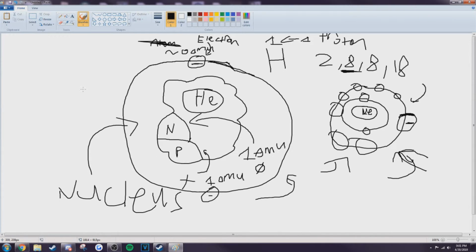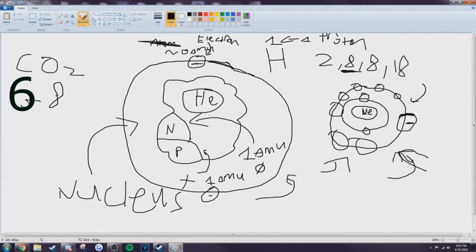Okay, the next thing I'm going to talk about is the octet rule. So remember what I told you about how noble gases are super stable because they filled up their valence shell with electrons. For example, we can draw CO2, which is carbon dioxide, and carbon is number 6, and oxygen is 8.